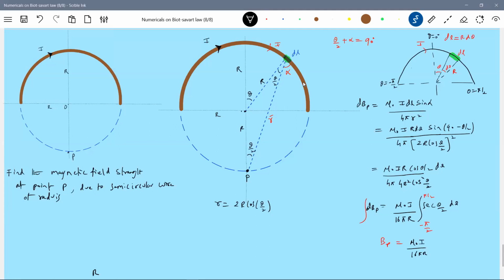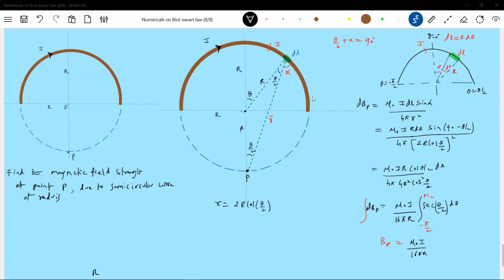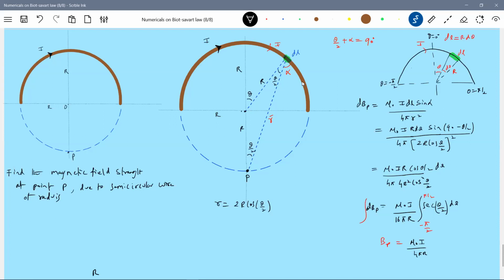Anybody, final answer? Response from this section is very low, especially for calculations and mathematics. Okay, I'll write the final answer. Nobody is interested to respond. This will be your final answer.